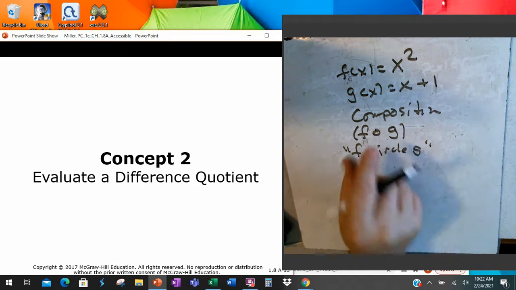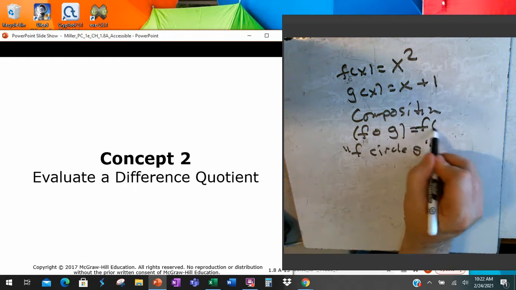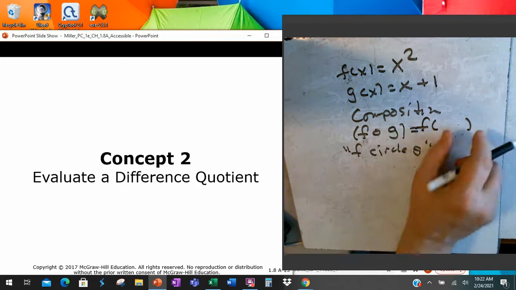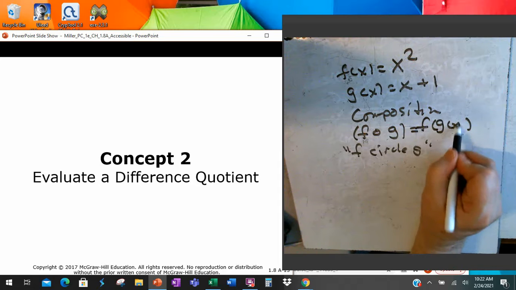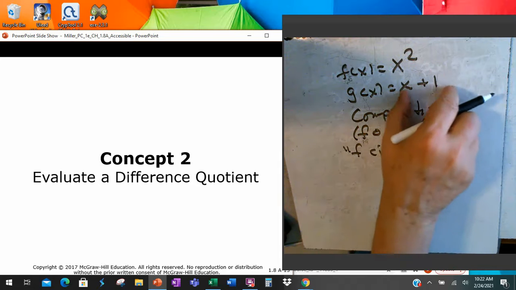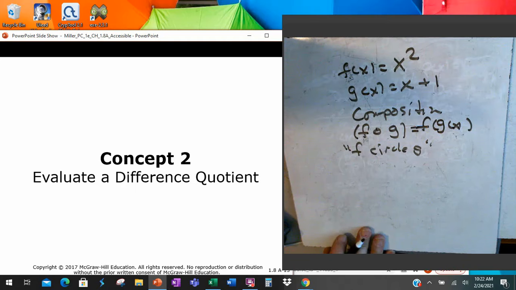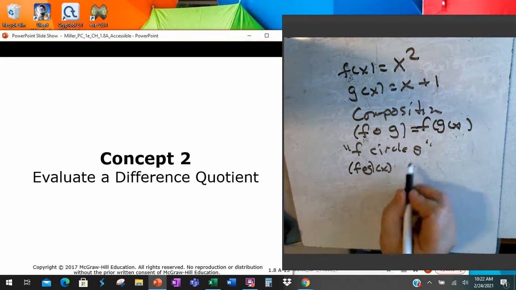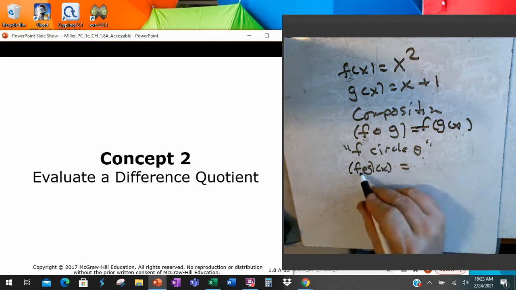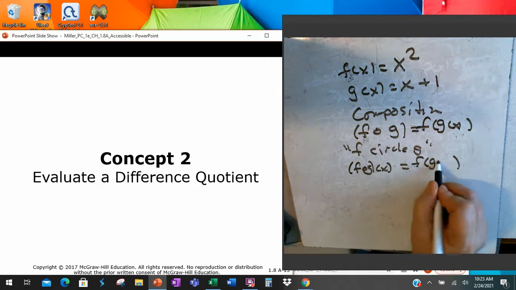So this is not times, and the f is going to be on the outside. If I take that function, but on the inside where the x is, I want to evaluate that at this. So if I'm going to evaluate f circle g of x, f is on the outside, here's my f function, but on the inside is my g of x. This is the second piece.